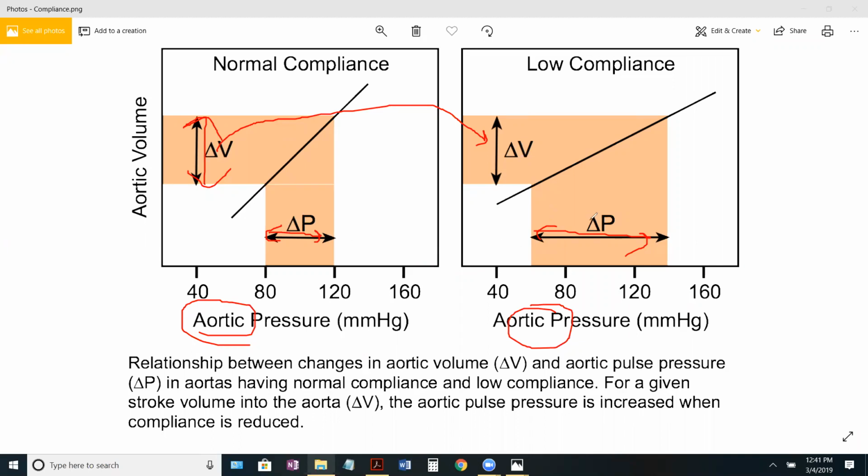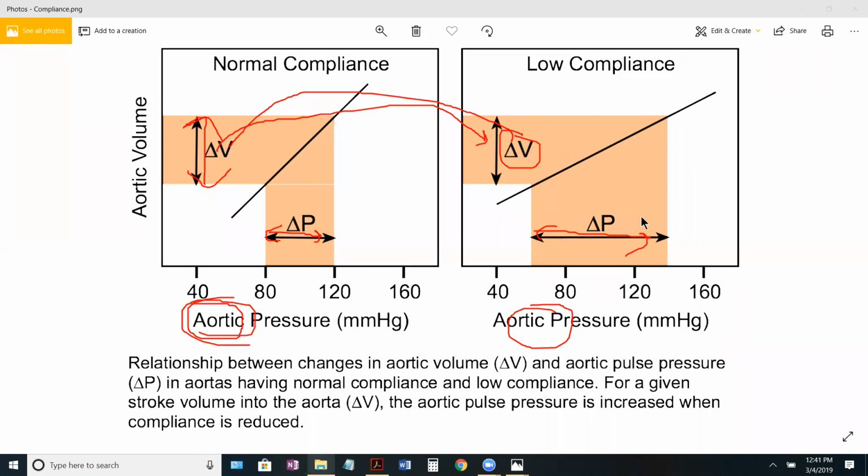Okay, so this is the aorta where we have to give so much change in the pressure to bring out the same change in the volume that the previous aorta was having. So the compliance of this aorta is very low. Delta V over delta P is the compliance.